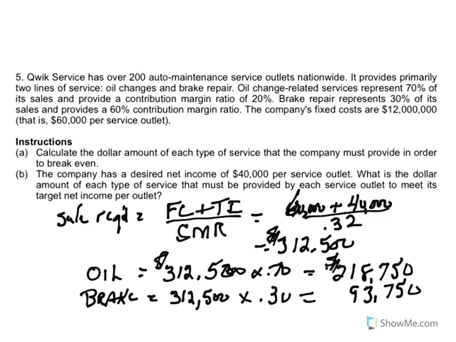So therefore, the revenue they have to get in oil change is $218,750 in sales, and sales of brake repairs have to be $93,750. If each outlet achieves those sales figures, they will earn a profit of $40,000.